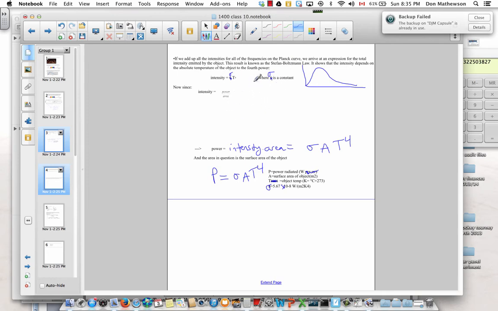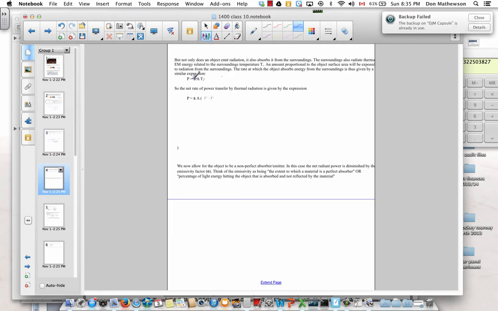And the surroundings will be emitting in a similar sort of way, something that depends on their temperature to the fourth. So we arrive at then the fact that there's going to be a net transfer of radiant energy, which will depend on the object temperature to the fourth minus the surroundings temperature to the fourth.